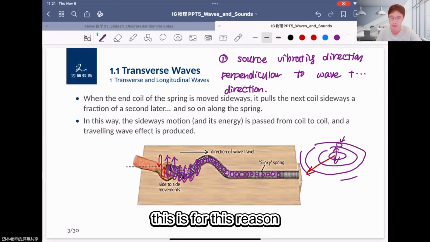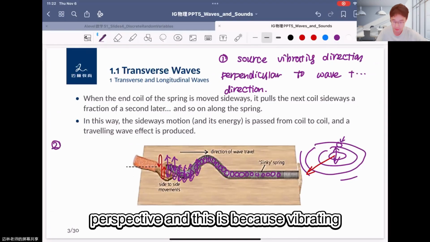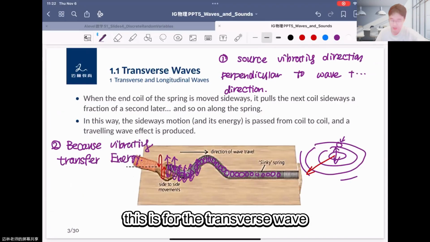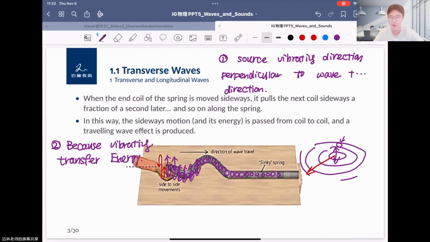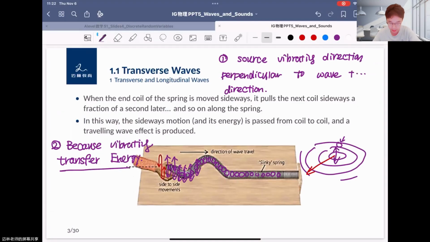So from a particle perspective, vibrating can transfer energy. This is for the transverse wave, okay? So please remember this and try to describe transverse waves this way, using the particles view, okay?